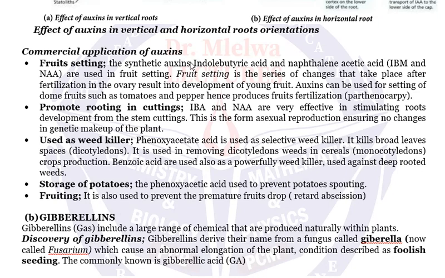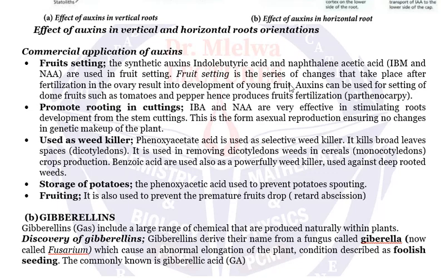The synthetic auxins, that is indole butyric acid (IBA) and naphthalene acetic acid (NAA), are used in fruit setting. Fruit setting is the series of changes that take place after fertilization in the ovary, resulting in development of young fruits.